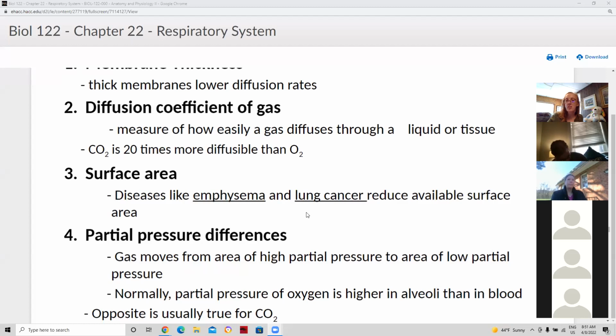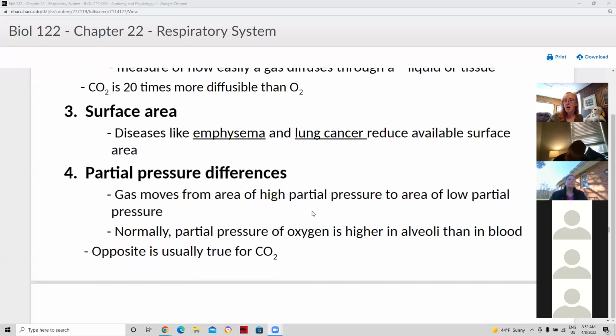The more surface area you have, just like with cells, which like to maximize their surface area with regards to volume, because that gives them more area to diffuse. Same thing here. The increased surface area is going to result in increased diffusion. Diseases like emphysema and lung cancer reduce surface area.